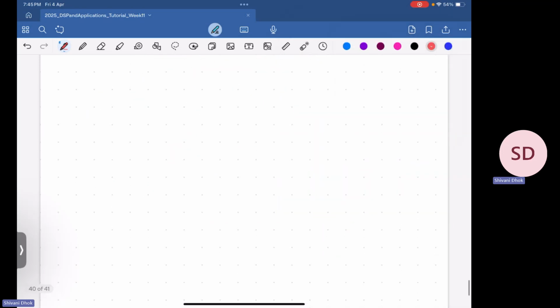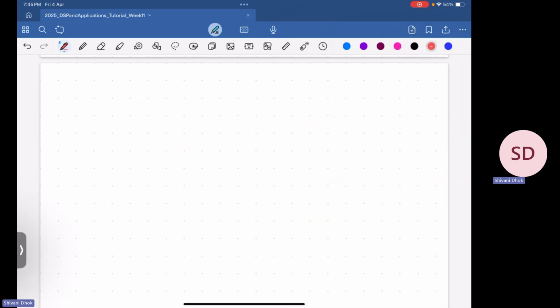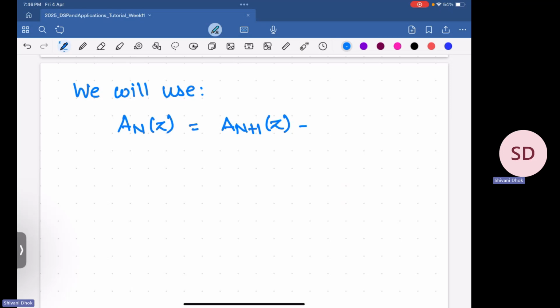And for that, we will use the backward equation that we have: A_n of z is equal to A_{n+1} of z minus K_{n+1} A_{n+1} tilde of z, whole divided by 1 minus K_{n+1} square.